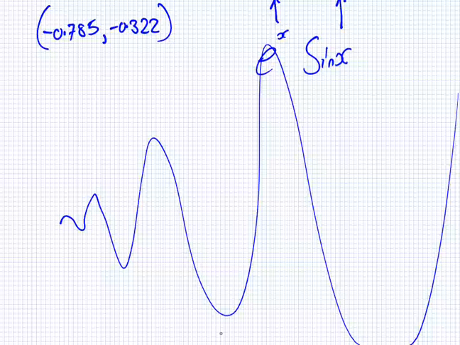To find the y, y would be equal to e^(minus pi over 4) sine of minus pi over 4, which would be minus 1 over root 2 times e^(minus pi over 4). So the answer is minus pi over 4 and minus 1 over root 2 e to the minus pi over 4. That would be the exact answer.